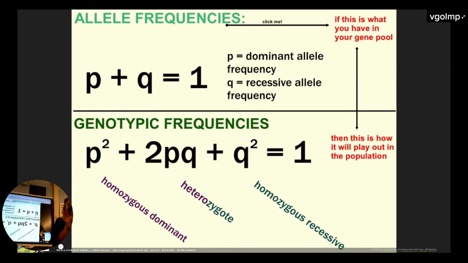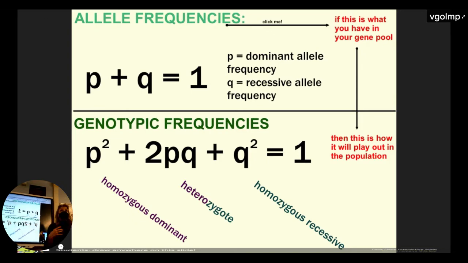So when you look at somebody with brown eyes, you don't know if they're homozygous brown or brown-blue. You don't know. So just take all the browns, put them aside, and just focus on your blues, because you know the only way you can be blue is if you're a homozygous recessive.